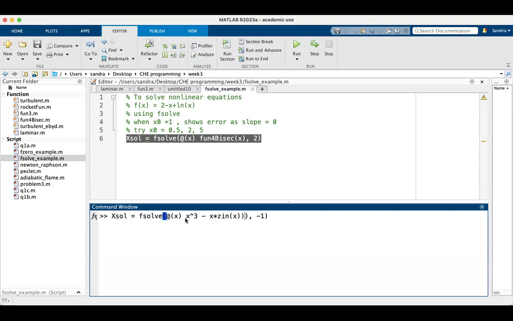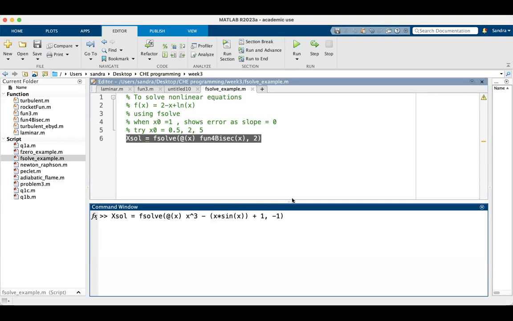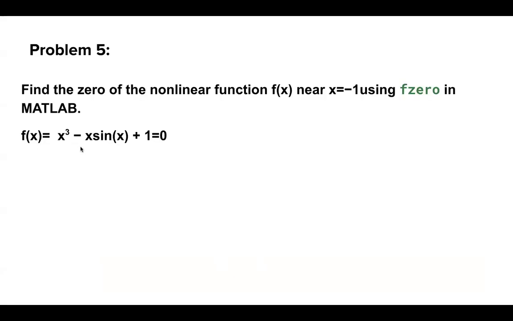We have to put it in a bracket. Sine spelling, yeah. And plus 1, if I'm not wrong. We'll confirm it again. X cube minus x sin x plus 1. Okay.